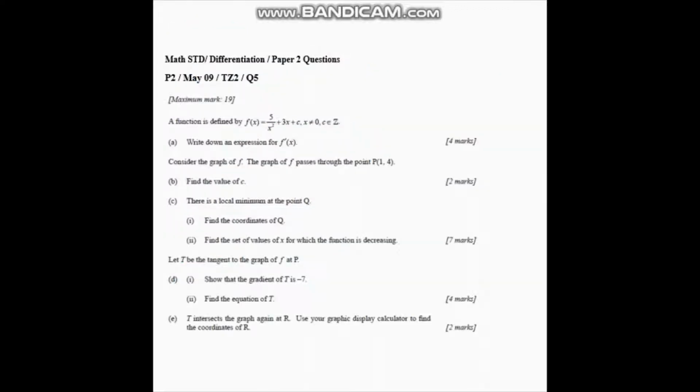Next, I'm told that there is a local minimum at the point Q, and I am required to find the coordinates of Q. Since there are 7 marks allocated to this question, you cannot simply type the equation on the GDC and use the calculator to find the minimum. You have to do the algebra required to find the minimum.